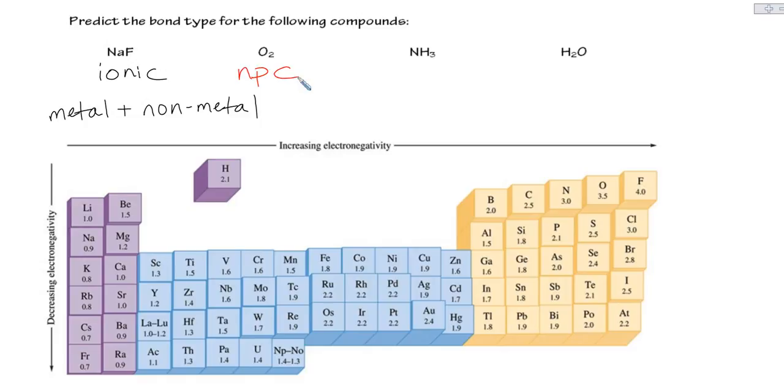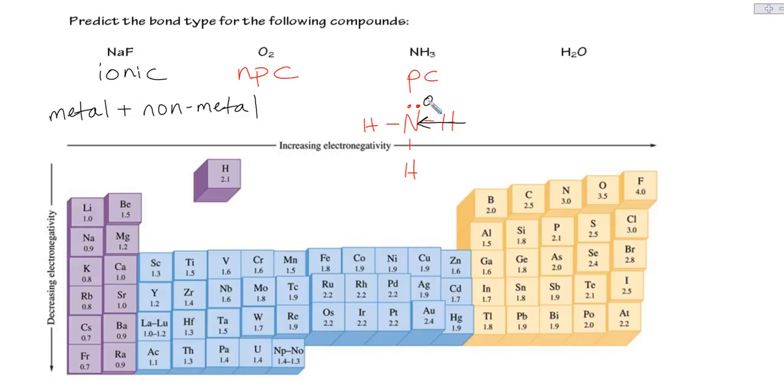So for example, if I see NH3, nitrogen bonded to hydrogen, I know that's polar covalent, PC. And in fact, I could tell you that in a nitrogen-hydrogen bond, and obviously there would be 3 of them, and then a lone pair on top, the electrons in that bond will be held closer to the nitrogen.